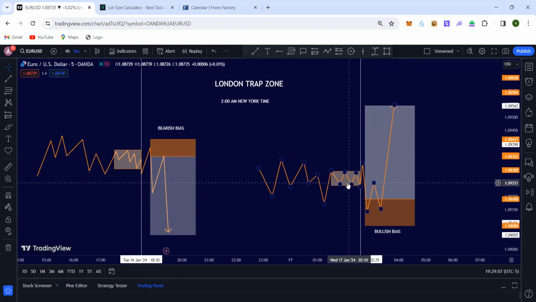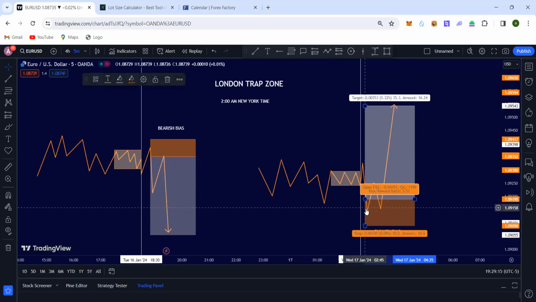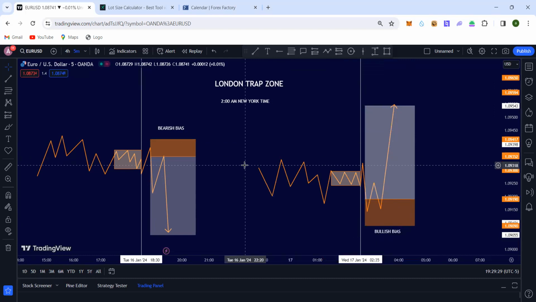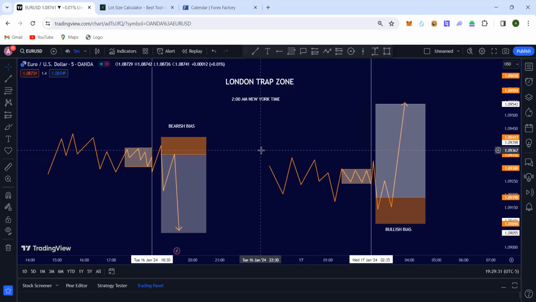You mark out your Asian liquidity, then you wait for both sides to be taken out, right? And once it's taken out, this second side that has been taken out, you see the market retracing back to the upside, and then it gives you a candle formation for you to enter from, and then boom, that's your buys, right? So this is how easy this concept works.